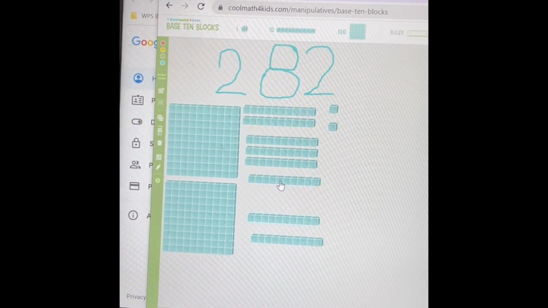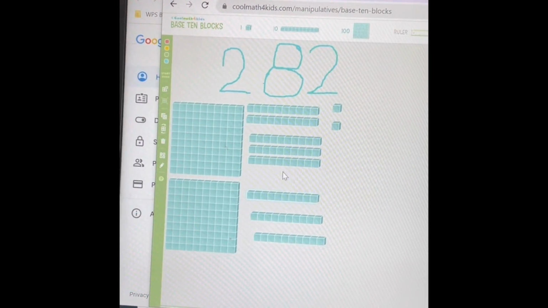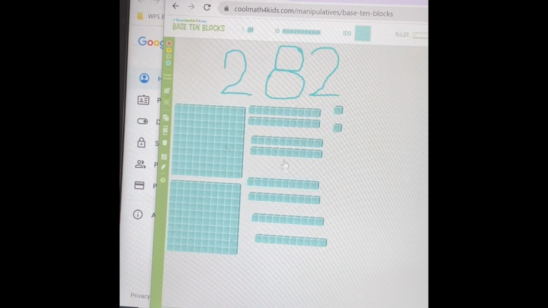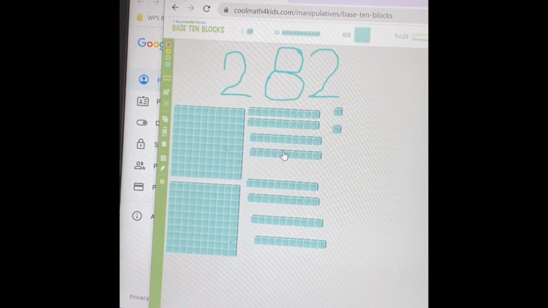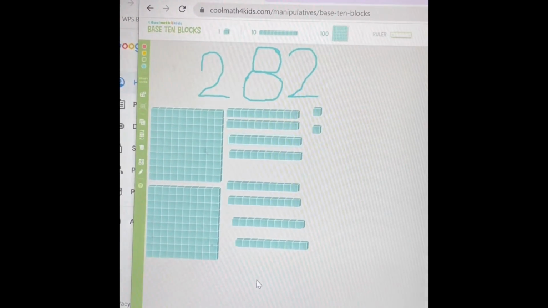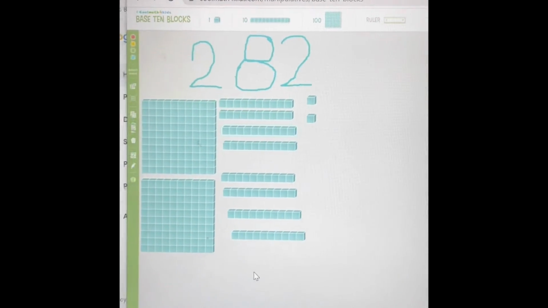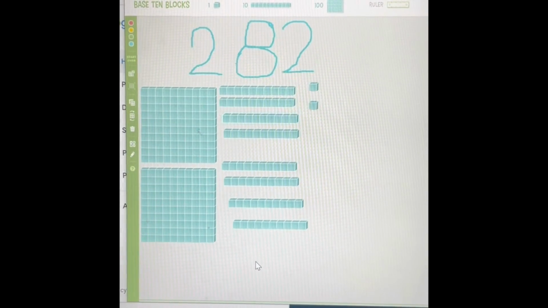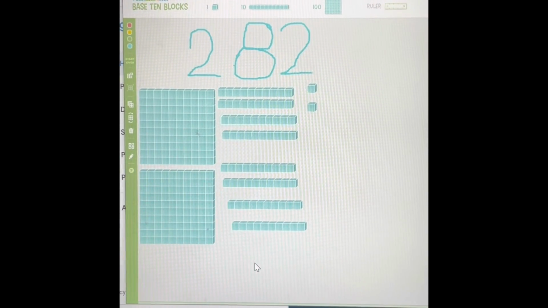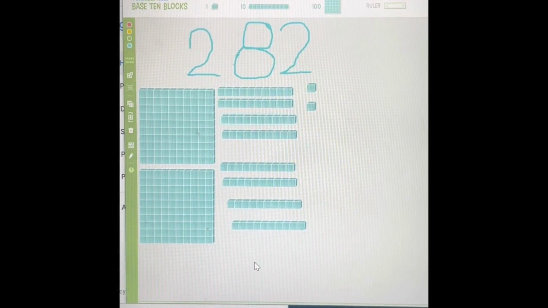Let me line these up a little bit more so it's easier for everybody to see. So here's our visual representation of the number 282. We have 2 ones, 8 tens, and 2 hundreds.